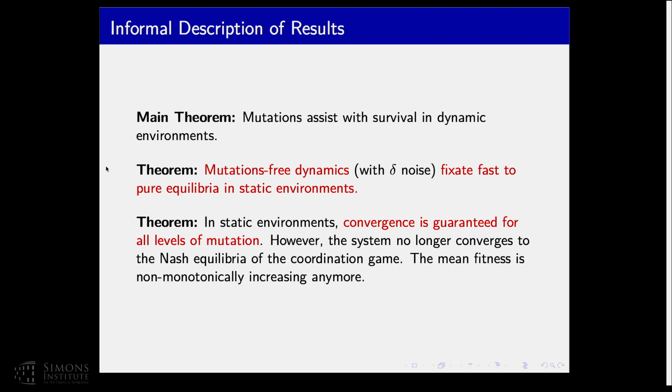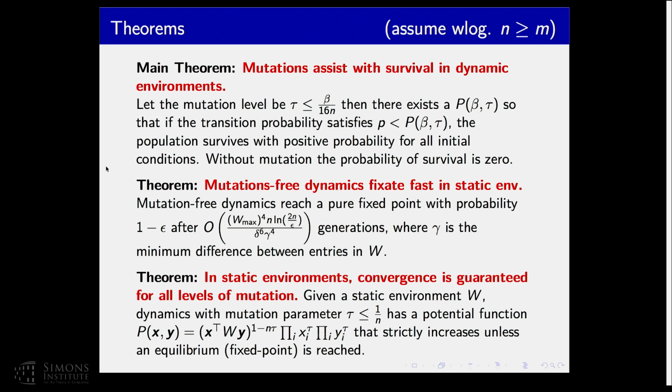Now the system no longer converges to equilibria of the underlying game because of this mutation, and moreover, the fitness is not always increasing. So the proof is significantly more complicated, but convergence is still guaranteed, no matter the mutation rates, all right? The more technical results are here.